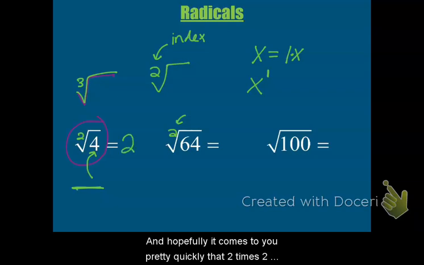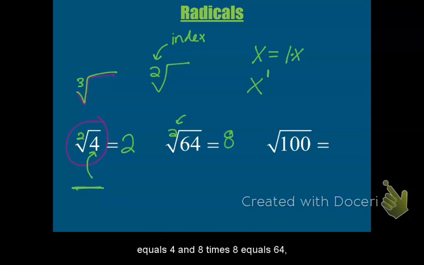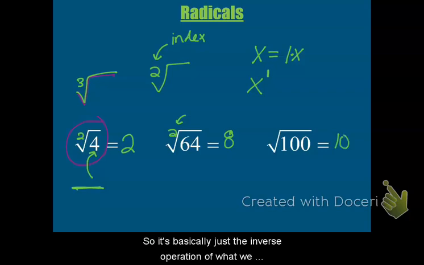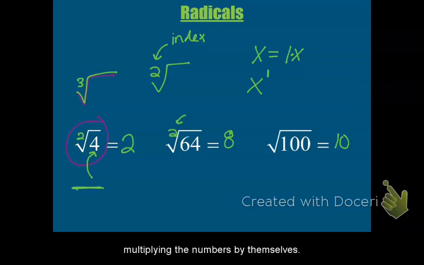And hopefully it comes to you pretty quickly that 2 times 2 equals 4. And 8 times 8 equals 64. And 10 times 10 equals 100. So it's basically just the inverse operation of what we did just a moment ago where we were squaring or multiplying the numbers by themselves. This is going in the opposite direction.